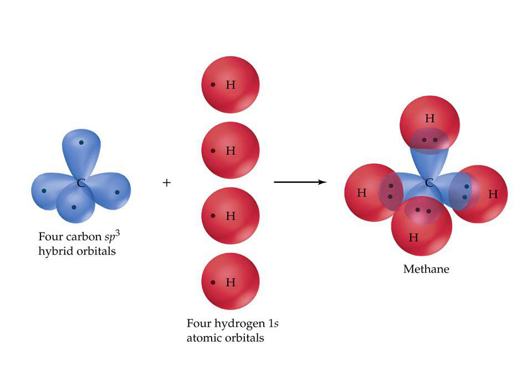This is called a tetrahedral structure. And so the 4 covalent bonds formed between the hydrogen and carbon have a 3-dimensional structure which is called a tetrahedral structure.